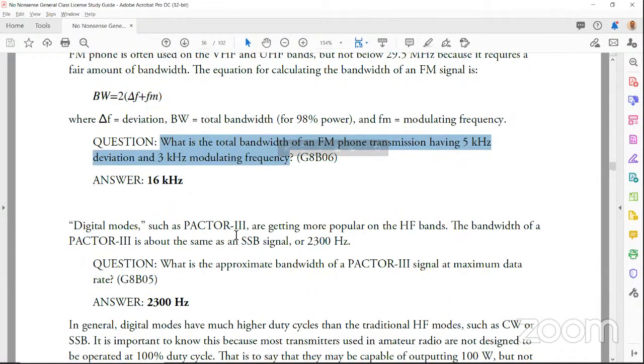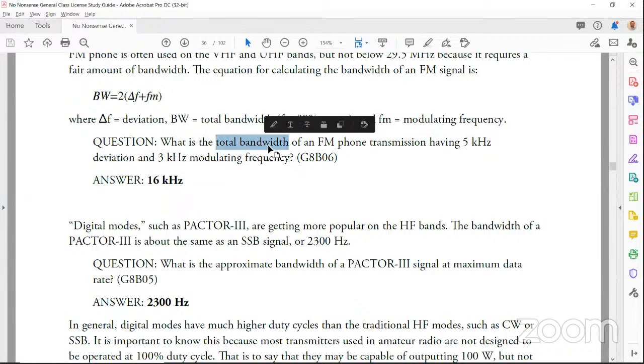What is the total bandwidth of an FM phone transmission having a 5 kilohertz deviation and a 3 kilohertz modulating frequency? So let's dissect this question. What are they asking us? They're asking us for the total bandwidth. And last class, we learned of a formula to calculate the total bandwidth of an FM transmission.